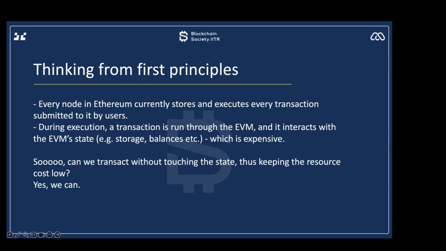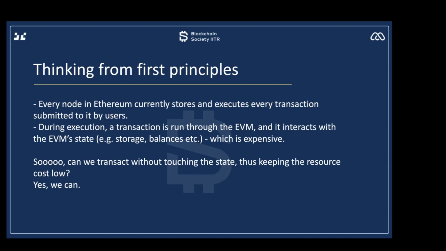During execution, the transaction is run through the EVM. We all know that all the transactions are run through the Ethereum Virtual Machine, and the transaction alters the state of the EVM. We reach a state T plus one, which is agreed upon by all the nodes. So in this way, a transaction is processed in the Ethereum blockchain.